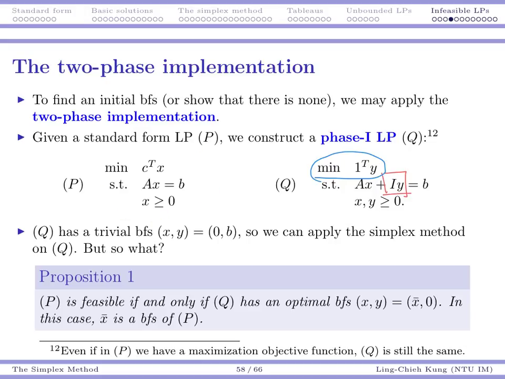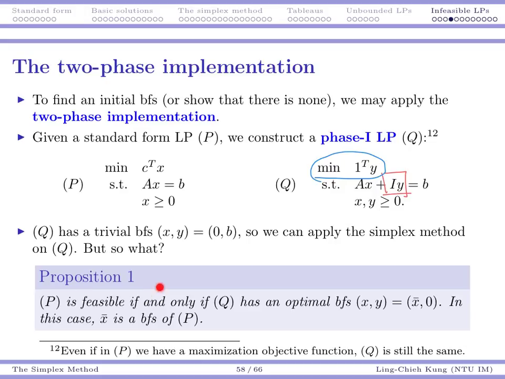We can say, for the original problem, there is a feasible solution. Or, if you try your best to solve your phase 1 linear program but you just cannot find any solution that gives you 0 as your objective value, then that means some y must be positive. Then there is no way for you to satisfy Ax equals b. So that's the idea.